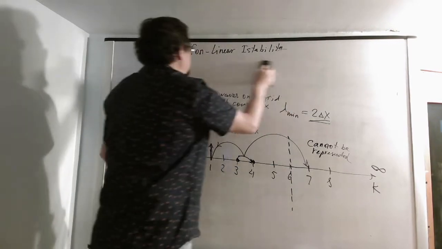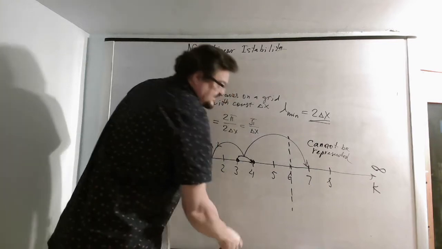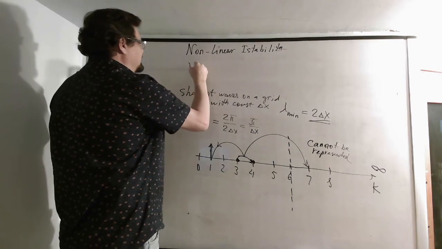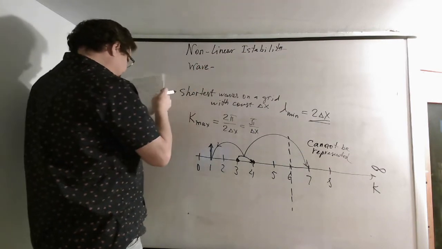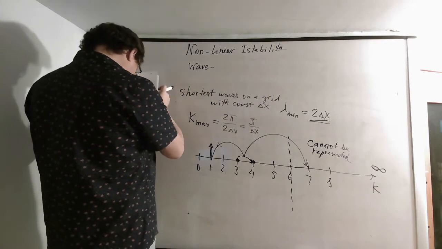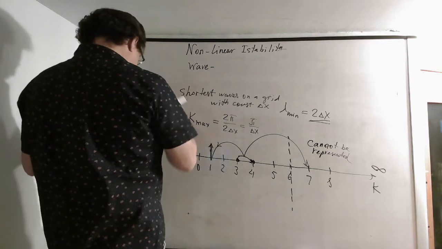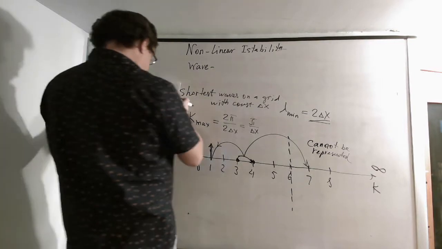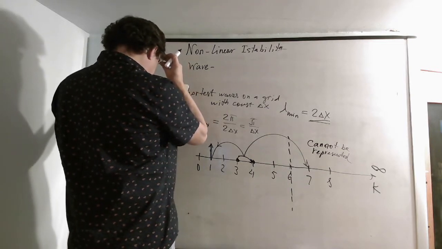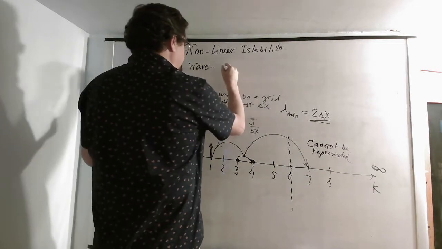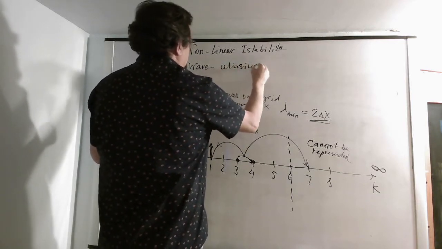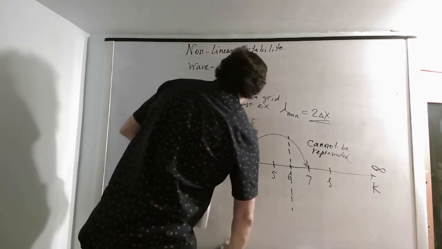What it means is that some other wave is created that can be represented on this grid. So this is called wave aliasing. So let's consider a wave aliasing example.